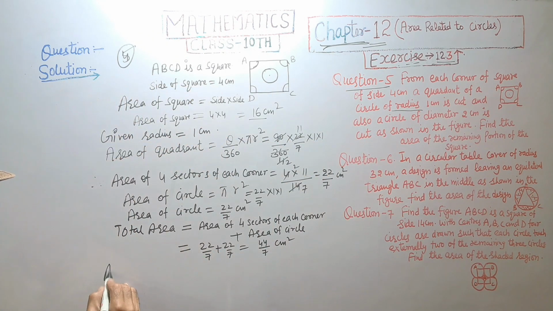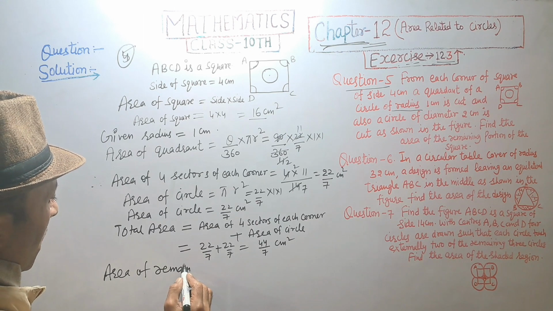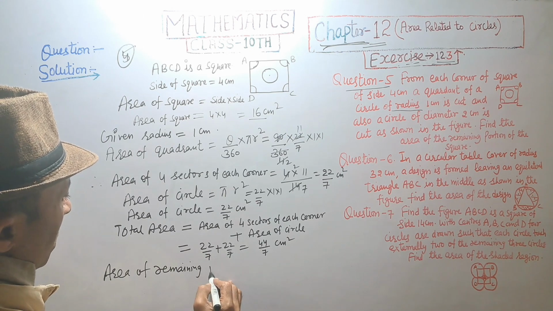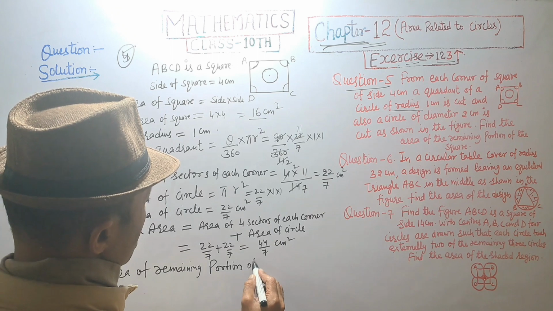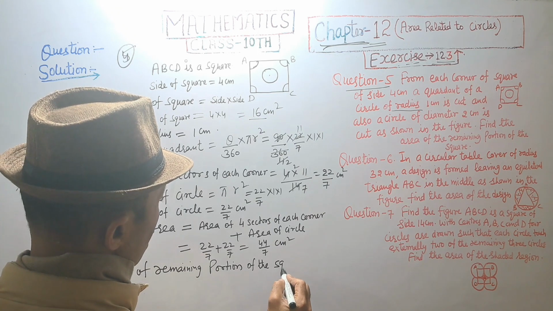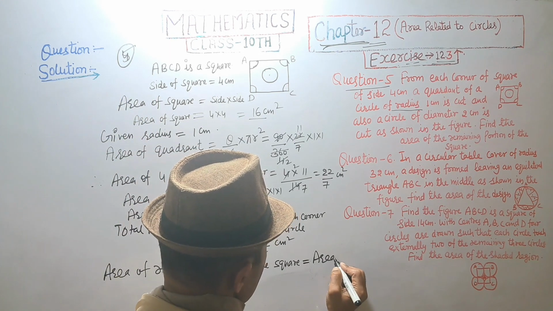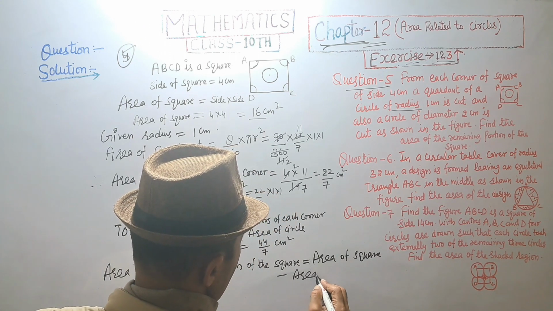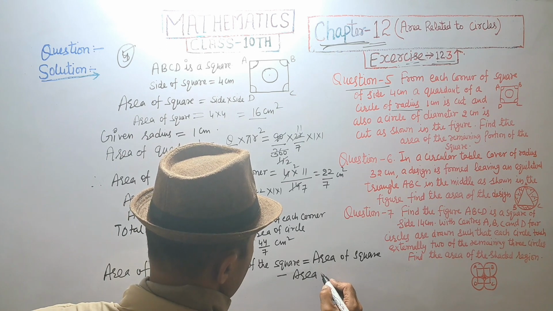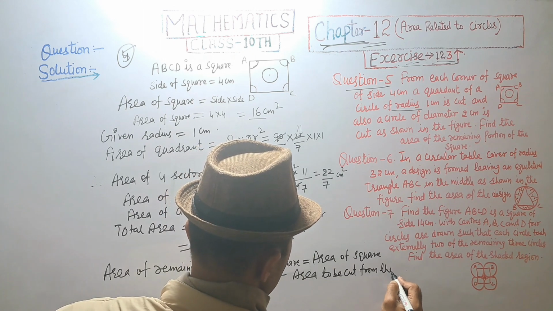Area of remaining portion of the square is equal to area of square minus area to be cut from the square.